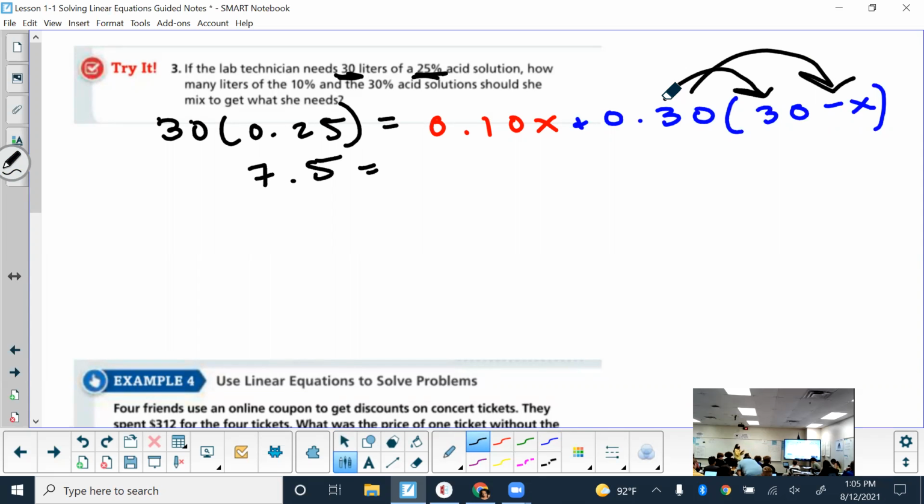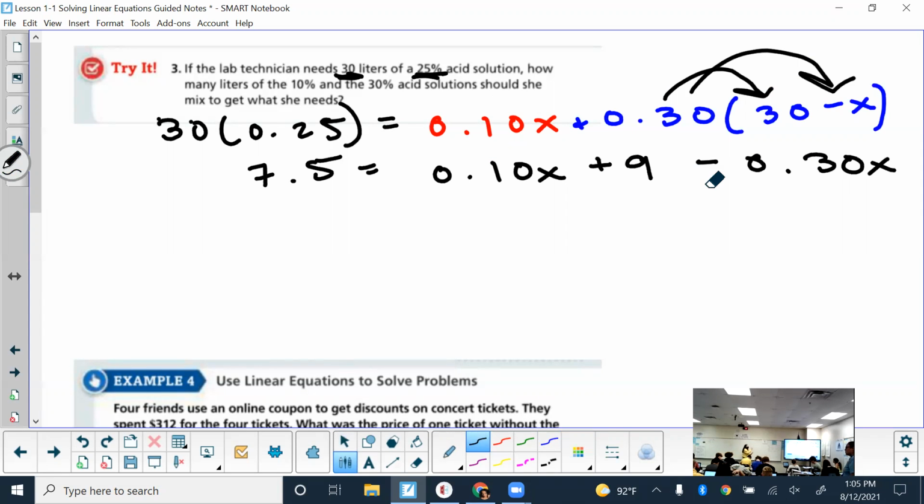What is 0.30 times 30? Positive or negative? So I'm going to write plus 9. What about 0.30 times negative x? Negative 0.30x. Good, I think you all said it right. And then don't forget to bring down this 0.10x. We haven't done anything with it yet.